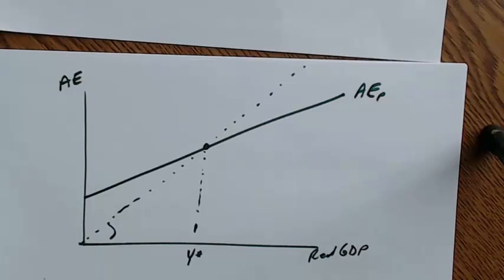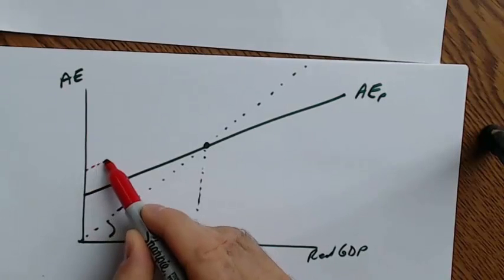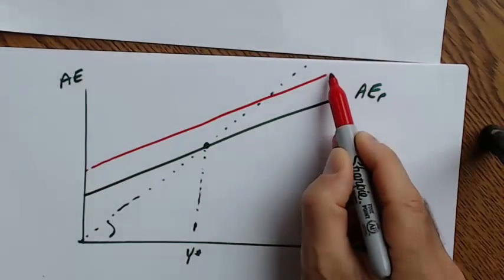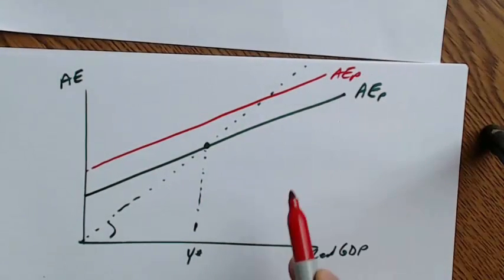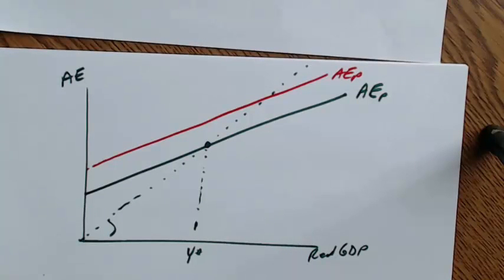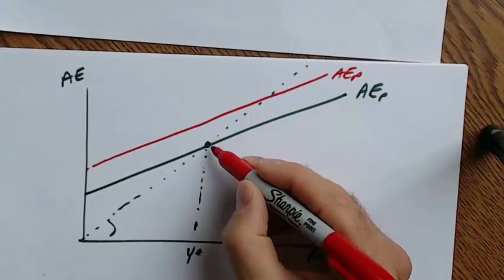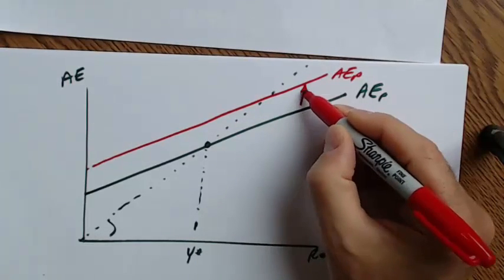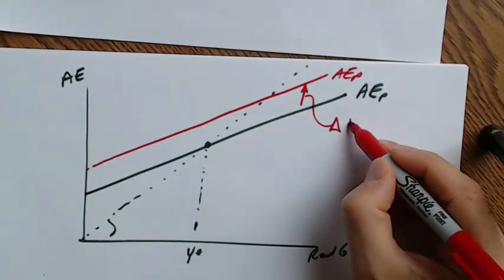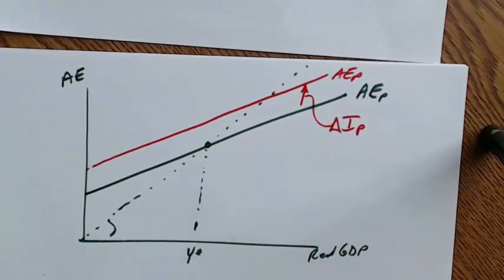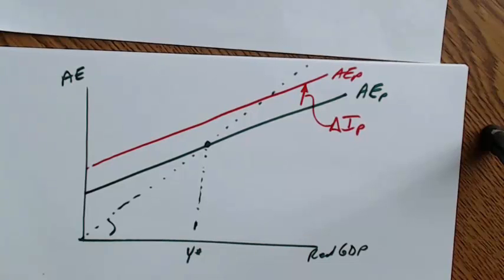Your aggregate planned expenditures are going to shoot up by the amount of the change in the inventory, right? So you're going to have this increase here, which is your change in planned investment from inventory, okay? But notice what happens if you look carefully at the graph.